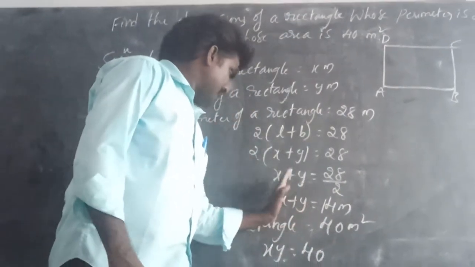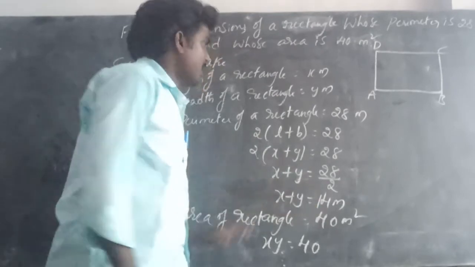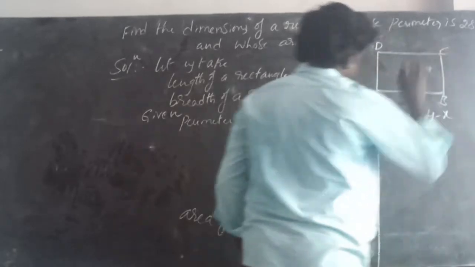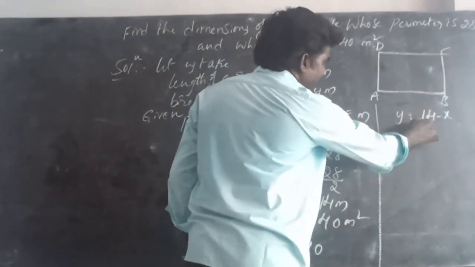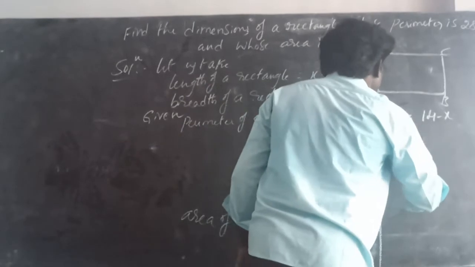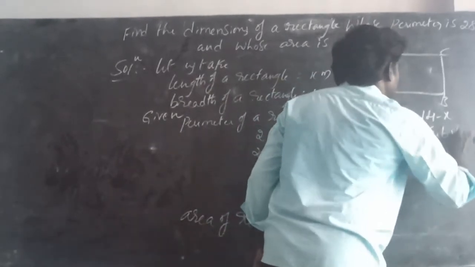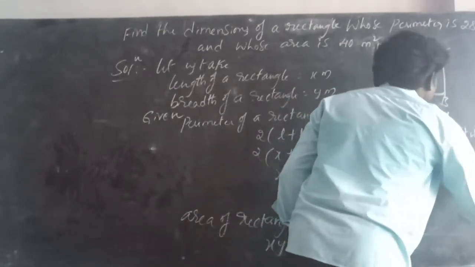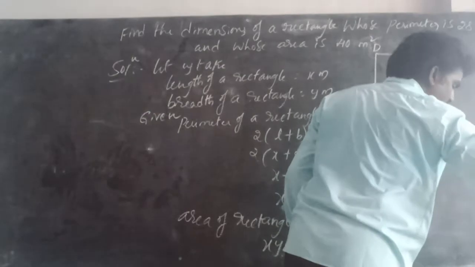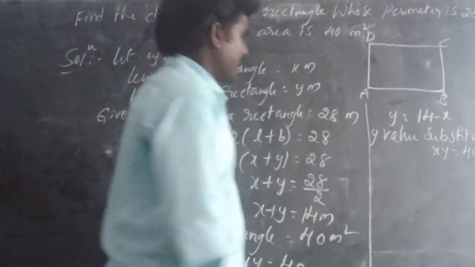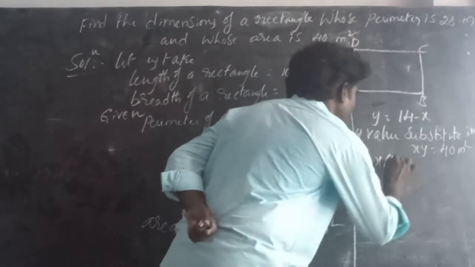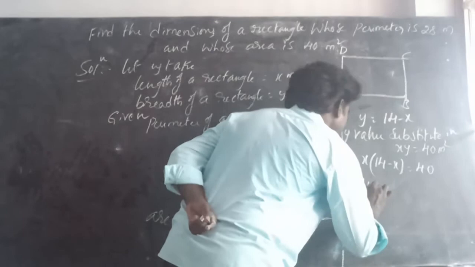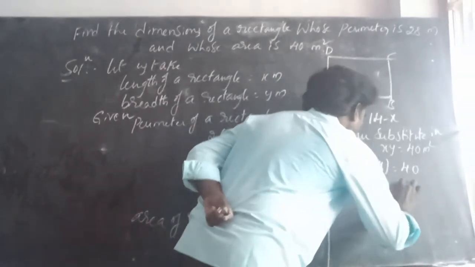Now x goes to the other side with a minus sign, so y is equal to 14 minus x. In the place of y we can substitute 14 minus x in x into y is equal to 40. So x of (14 minus x) is equal to 40. x into 14 is 14x, x into x is x square, equal to 40.